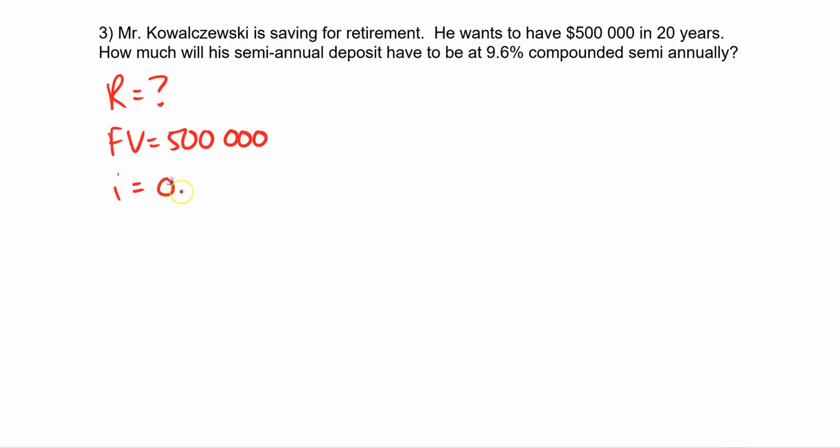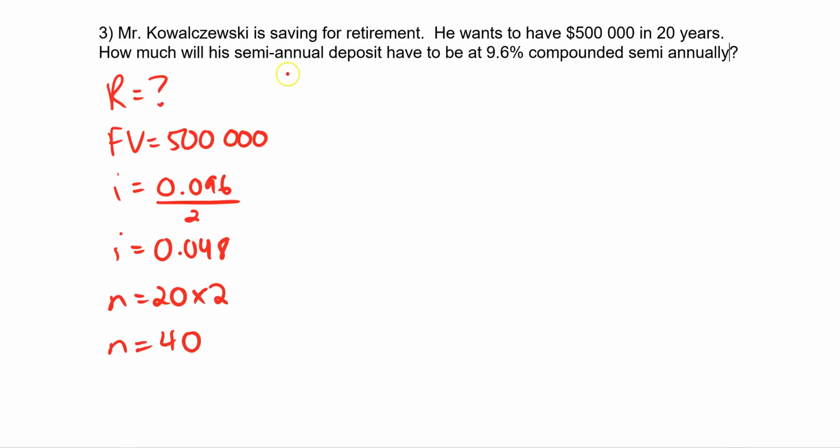Now, I'll quickly figure out that the I value, the interest rate per period, it's compounded semi-annually, so divide by 2. Now, 20 years are going by, but I'm earning interest twice per year. I'm also doing payments twice per year. N is equal to 40. So what I have to be careful of when I'm putting together the equation, this is my future value, which is what we calculated last time.